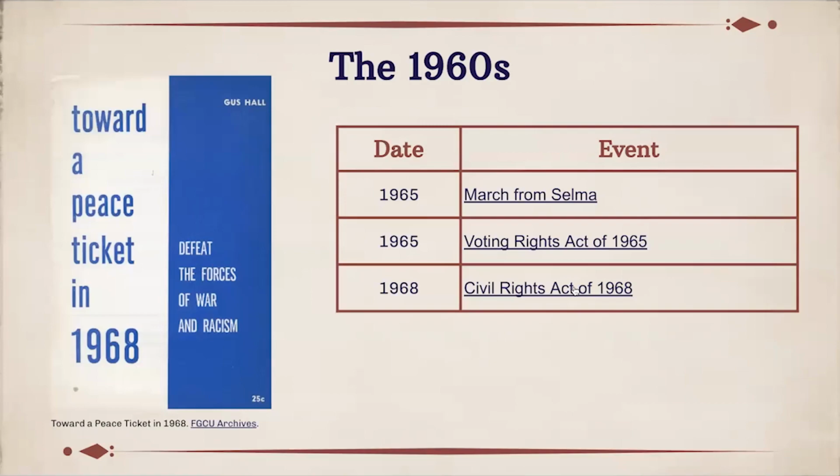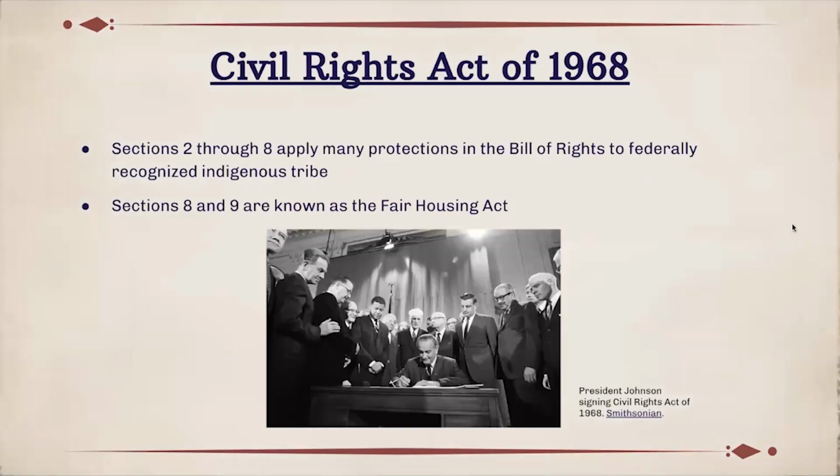And then in 1968, we have the Civil Rights Act of 1968. Again, like I said, there are a lot of different people fighting for equity and civil rights at this point in time, and this act alludes to that in the same way that the Civil Rights Act of 1964 did.